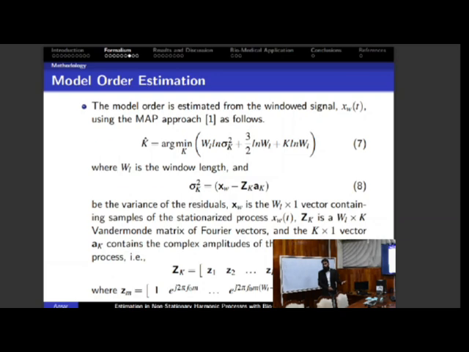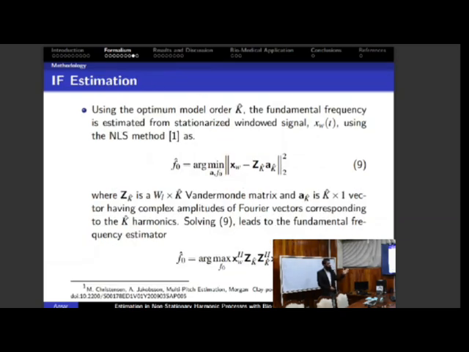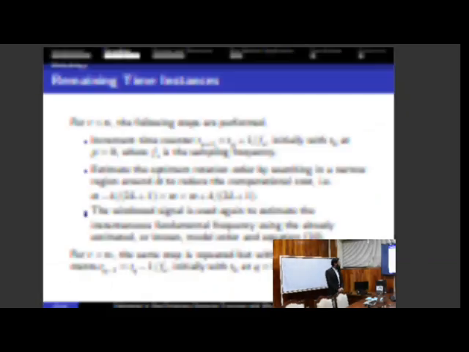But once we get the model order, then we will find the Vandermonde matrix according to that optimum model order. And after solving 9, we'll see that this NLS estimator is none other than the maximum likelihood estimator. So the maximum likelihood estimator reduces the L2 norm within this 9. After solving this, we can get this 10. So this will be our final estimator.